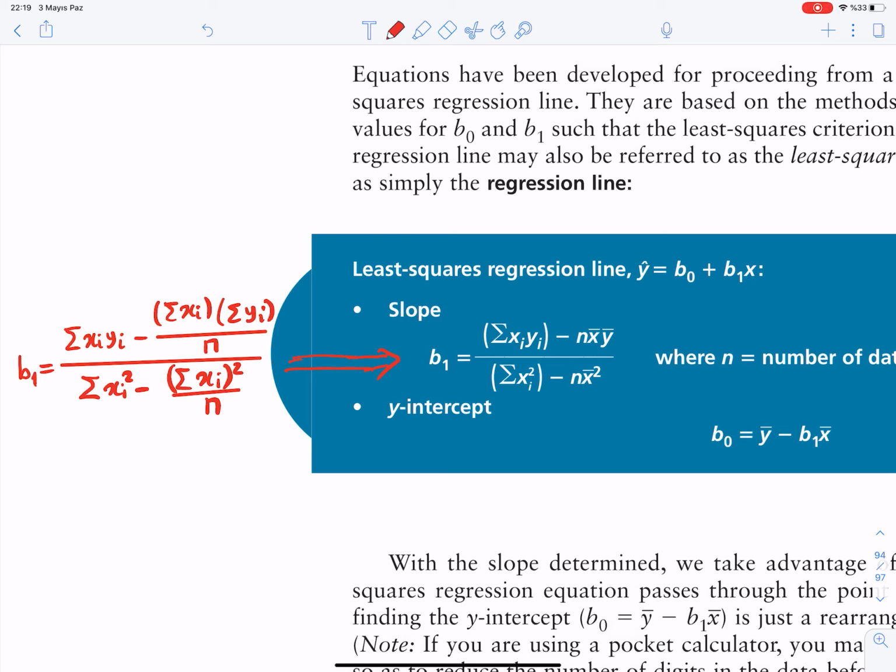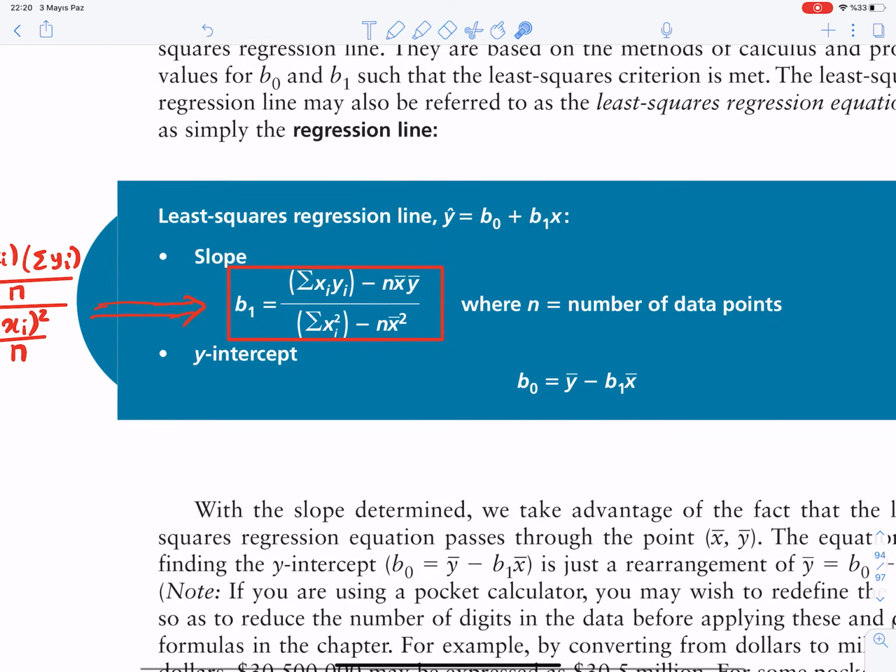The reason I'm not using the other formula is I don't want to calculate x bar and y bar, the means. I will have only the sum of x, the sum of y, and the sum of x squared. So it's more practical for me.